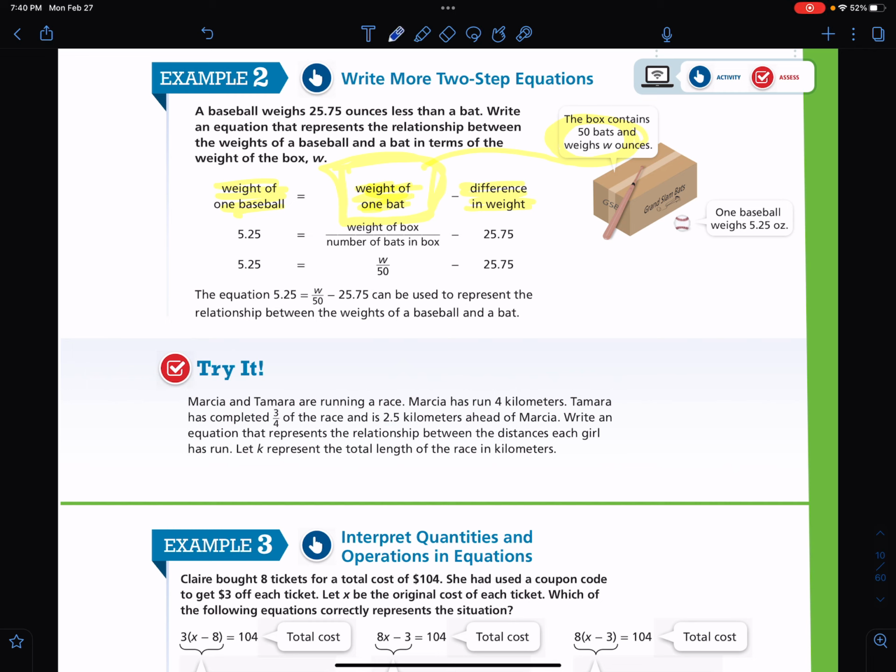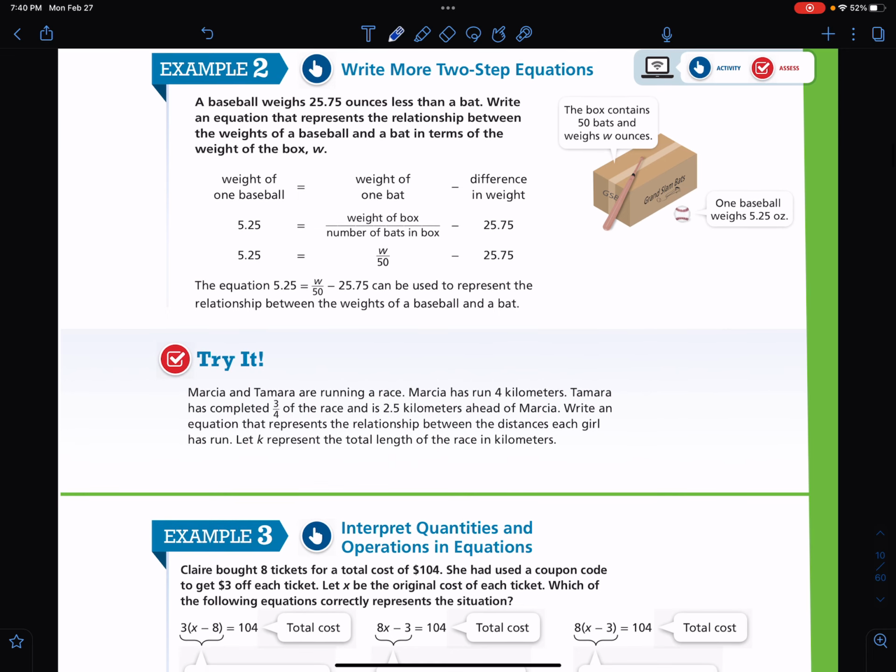So if I take the weight of the box divided by 50, that tells you how much each bat weighs. If I told you the box was 100 pounds, then each bat is 2 pounds, because you divided it by 50. So that's where they came from. But they put decimals in there and made it a little confusing for all of us.